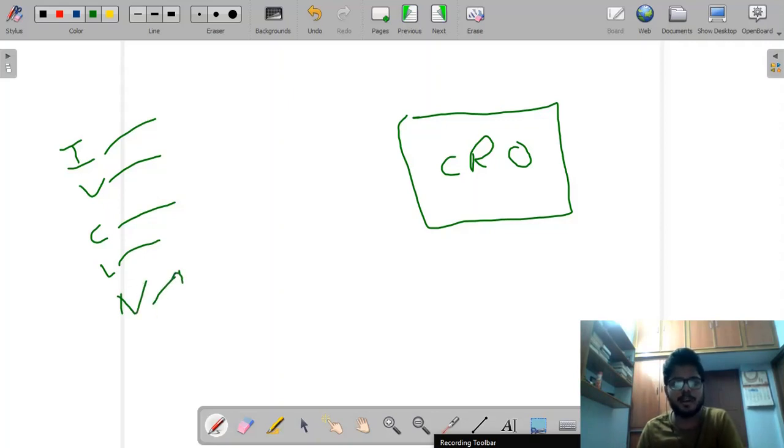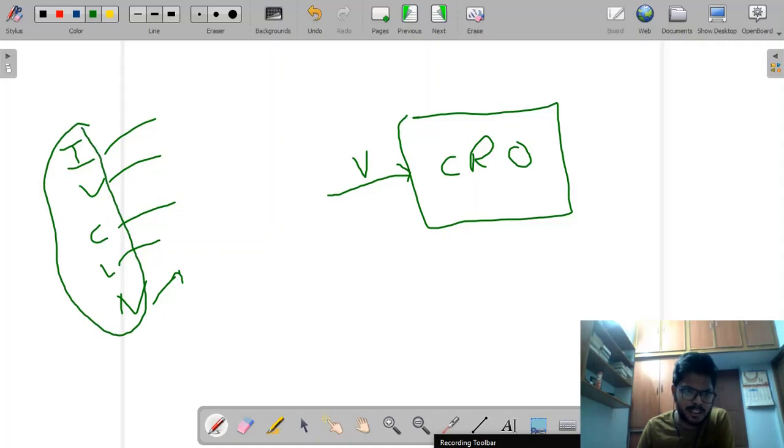But the main drawback with the CRO is that it can take only a voltage signal as input. It can't take any other signal as its input. Then how can these signals be measured using the CRO? There should be some converter which converts current, capacitance, inductance and noise into voltage form, right?